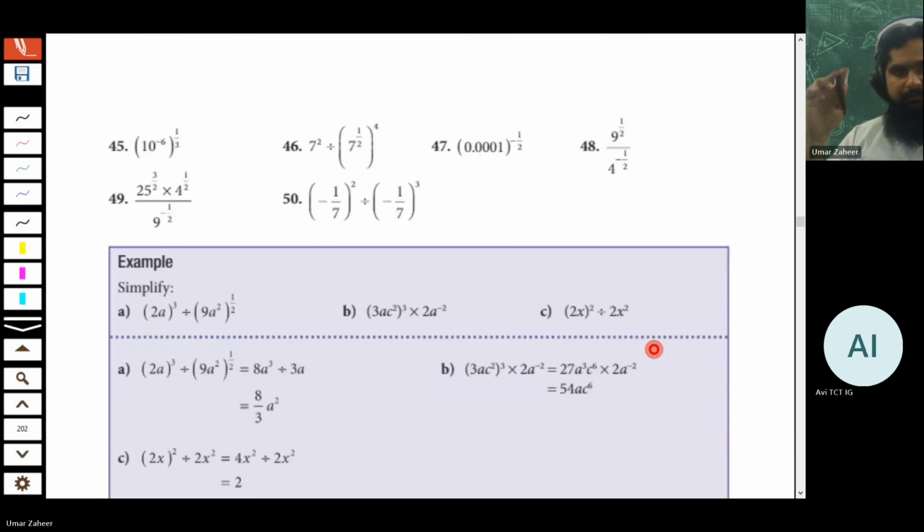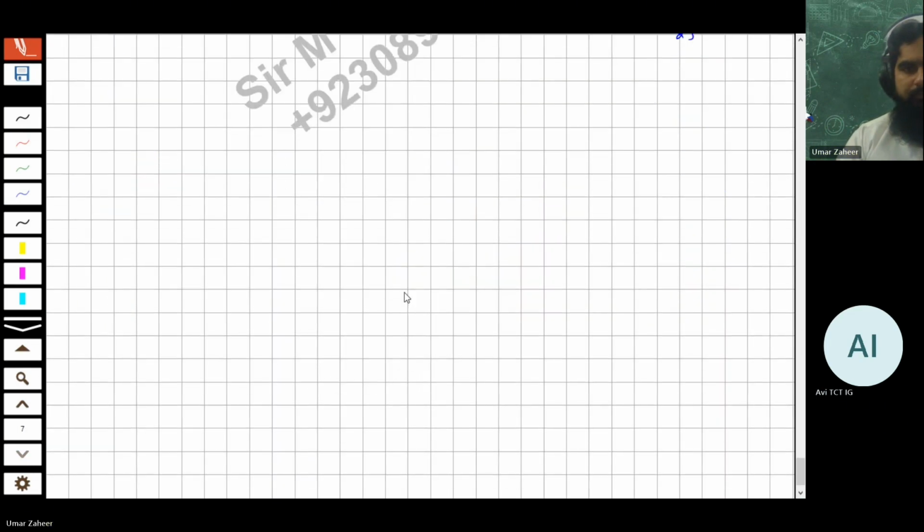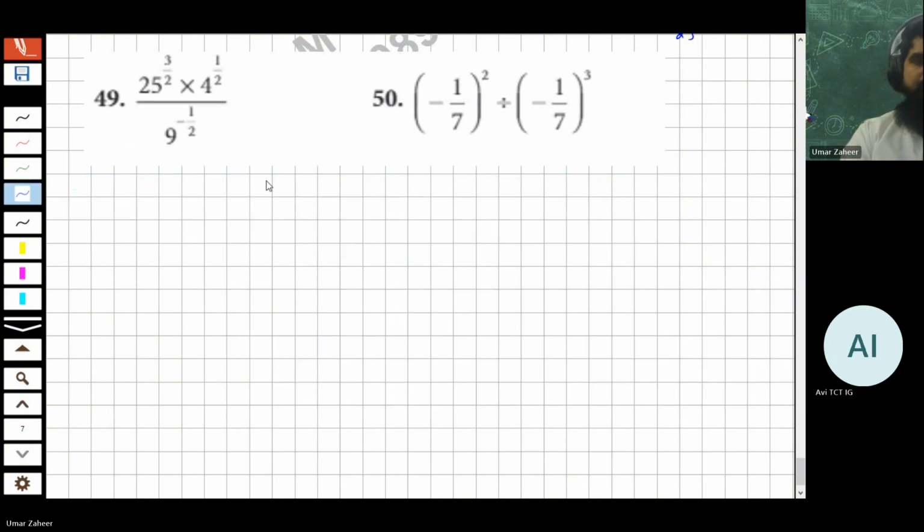All right. Let's do the last two. Now you have 25 raised to power 3 by 2 and 4 raised to power 1 by 2 divided by 9 raised to power minus 1 by 2. So we can write 25 as 5 square, right? Because I just said that if you are going to solve a numerical number, first of all, you have to write it in the form of indices. So obviously you will take the prime factors. Then whole raised to power 3 by 2 is already there.